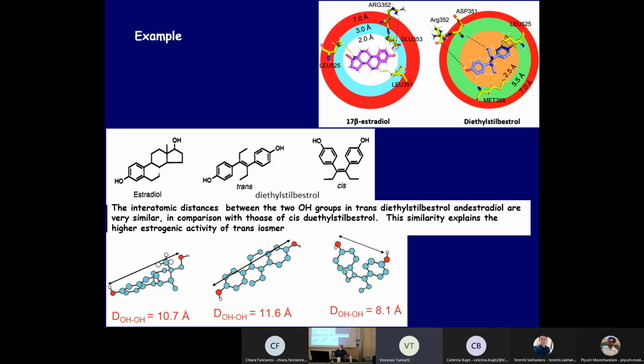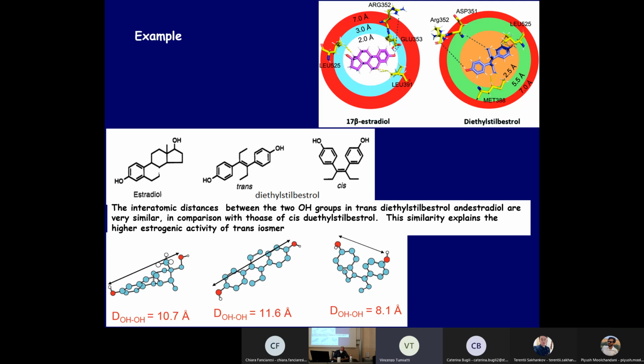Here I'd like to show you an example to understand the importance of this type of isomerism. You can see the molecule of estradiol, a female hormone, a potent agonist.